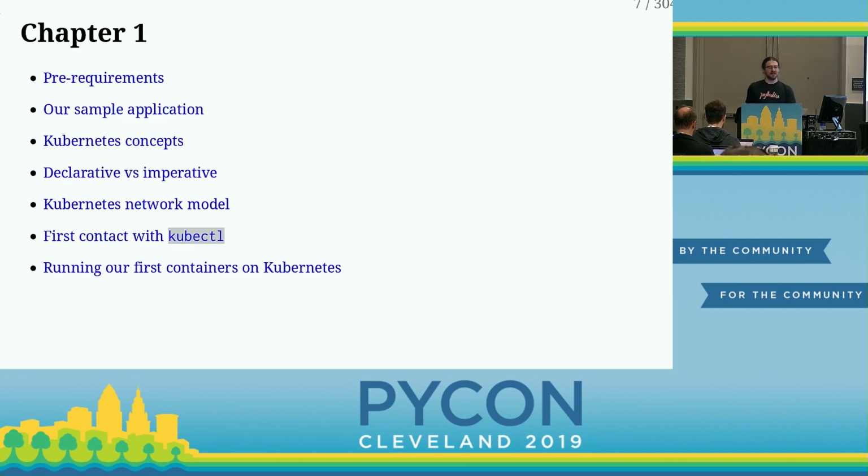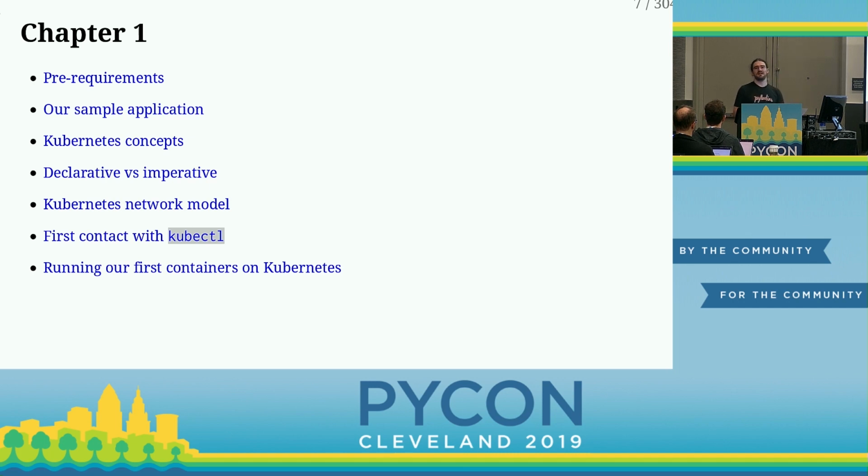So this is the outline for today. I will quickly cover the pre-requirements. Then we will run a demo app built around a microservices architecture on a single machine using Docker Compose. And then we will want to run that app on a Kubernetes cluster. So I will present Kubernetes concepts, including the emphasis on the declarative model of Kubernetes and reconciliation loops.